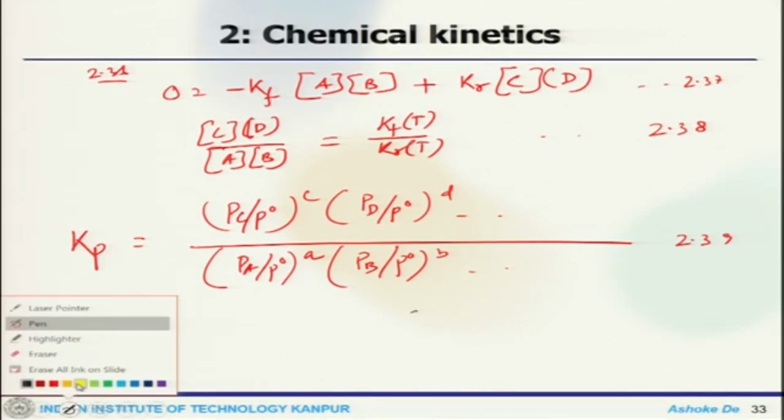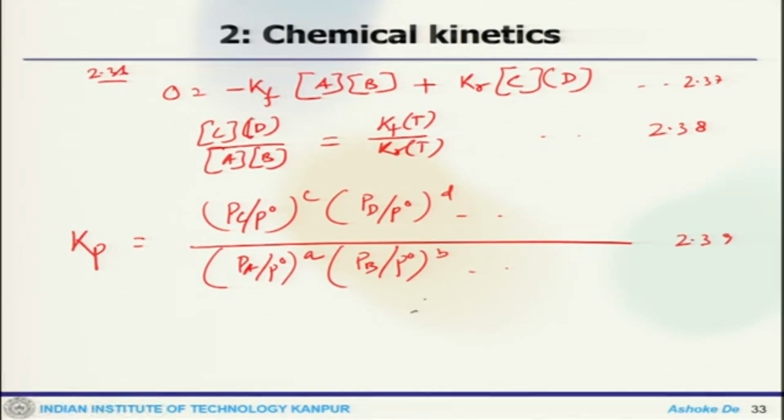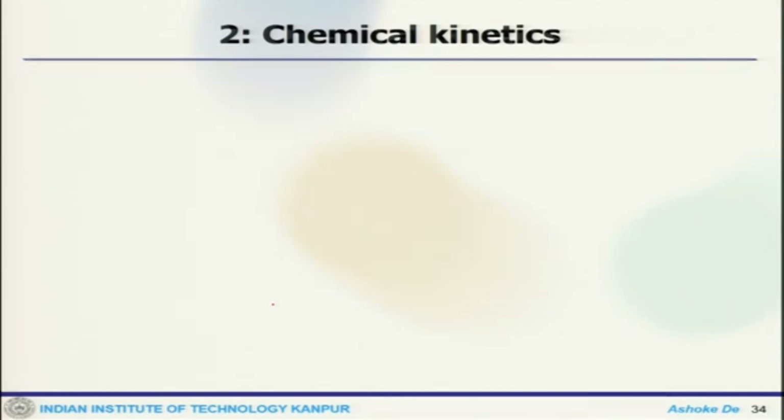using the concept of equilibrium, and you correlate the equilibrium constant from the partial pressure, we can find out the molar concentration which can be related to mole fraction and partial pressure. So, this is my molar concentration which can be related to that, which is nothing but Pi by RuT.